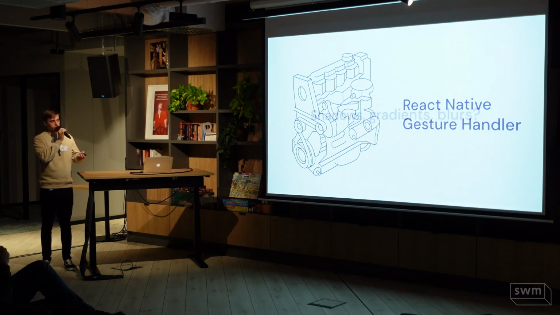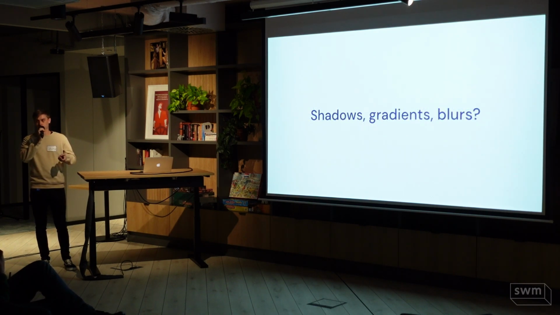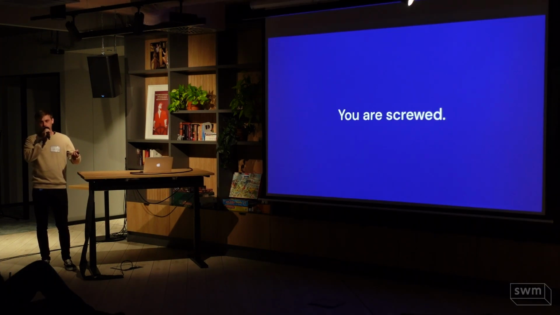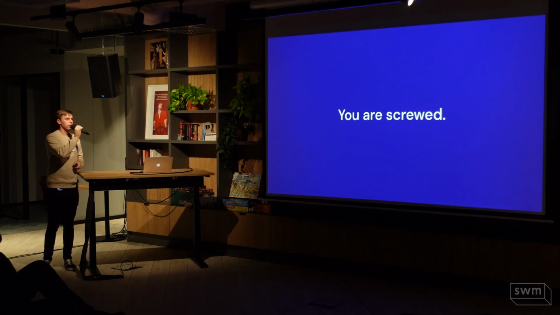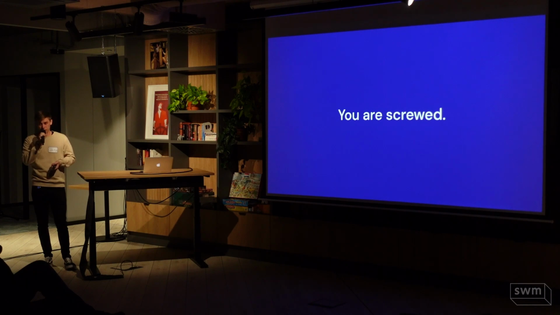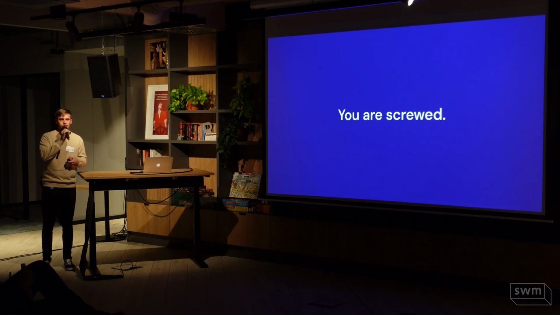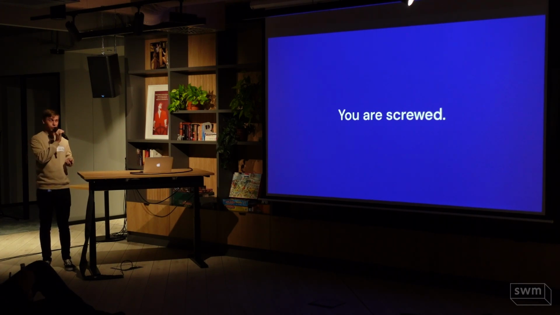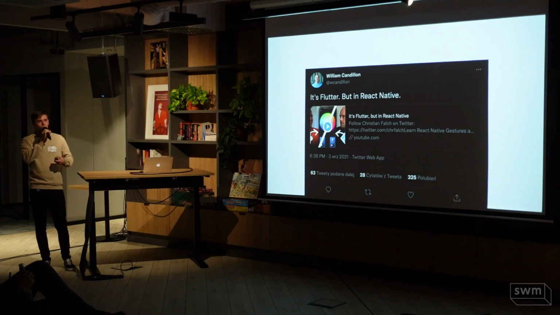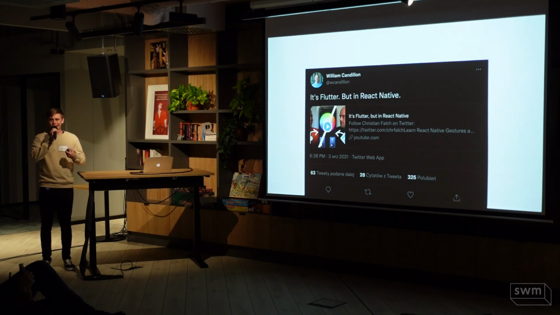But what about shadows, gradients, and blurs? You're screwed. You can maybe use SVGs to rasterize them. That's not very performant, not very great, but that's a solution. But this guy thought, what if we expose Skia views to React Native?